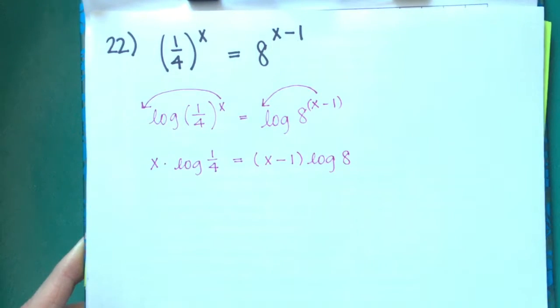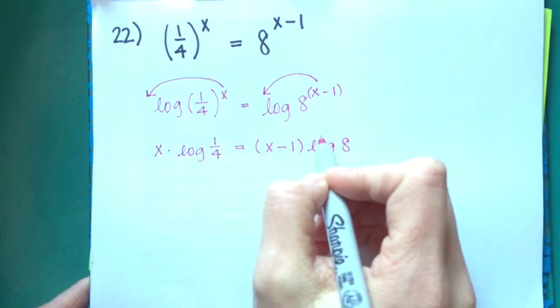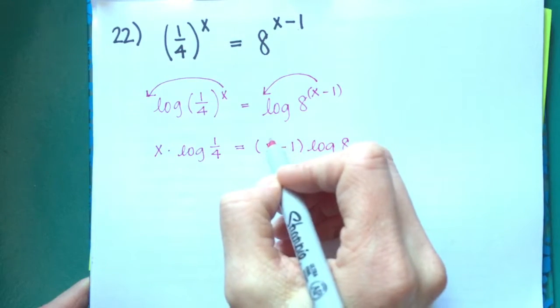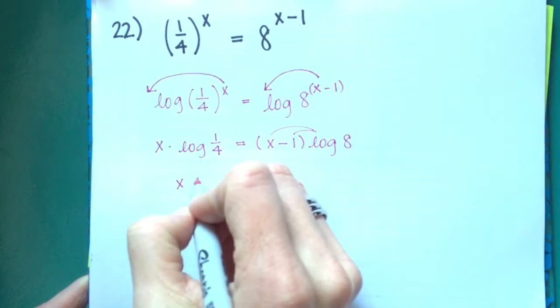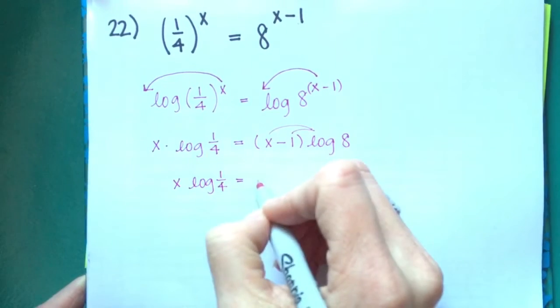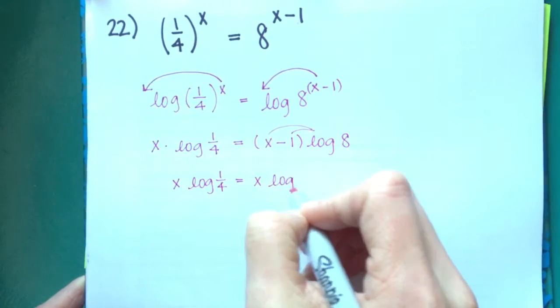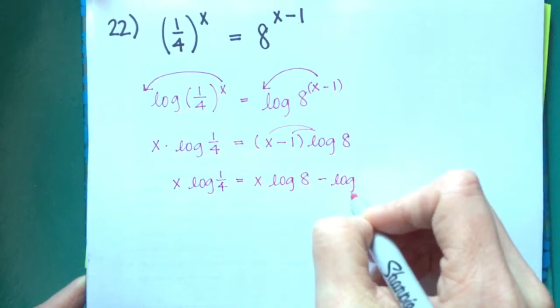Now here's where you need to be a little bit careful. There's actually two ways to do it, but you're multiplying both of these, so I'm going to distribute the log of 8. So x times log of 8, and then negative 1 times log 8 is just negative log 8.